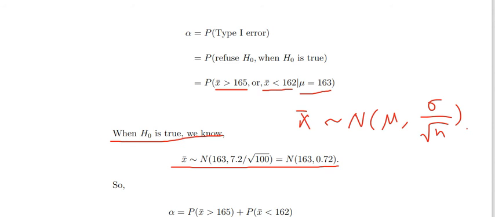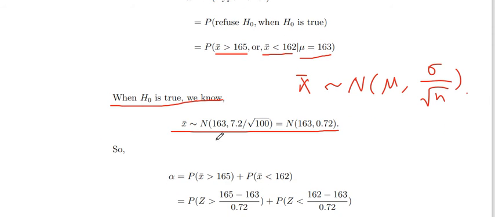Here sigma is 7.2 and n is 100. So X bar follows this normal, and we need to find this probability: X bar larger than 165 plus X bar less than 162.